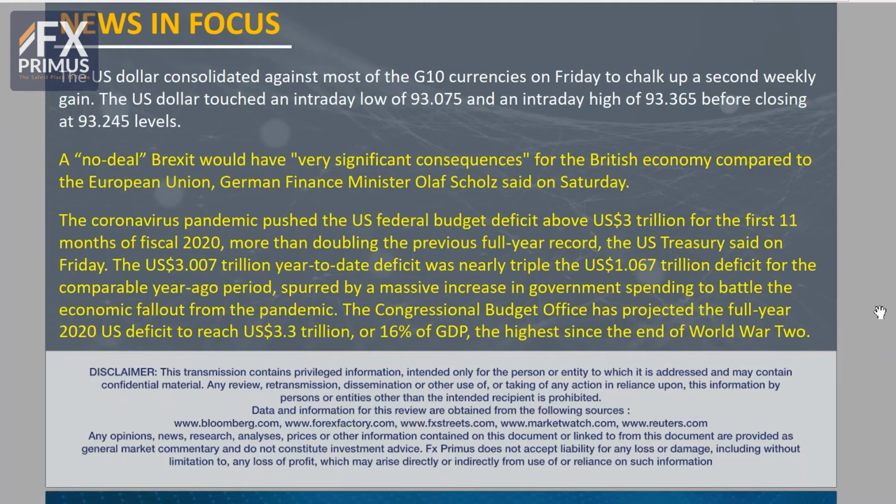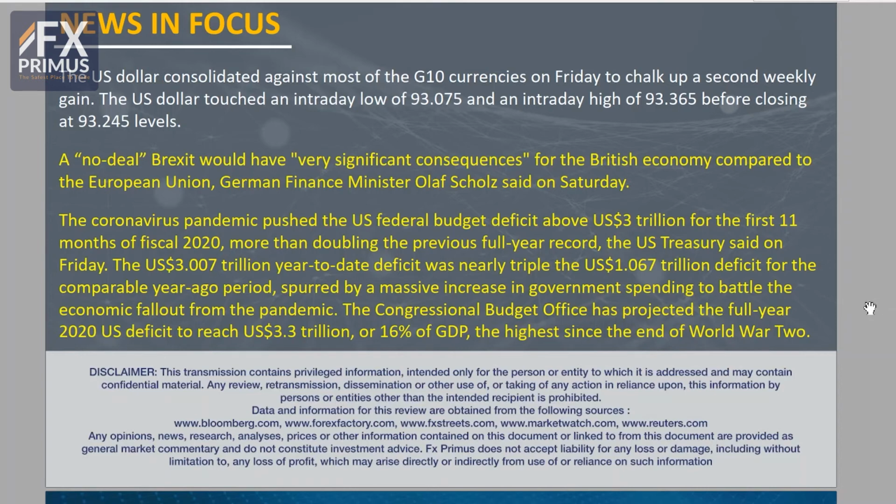So the implications would be that with such a high budget deficit, most people will tend not to hold the US dollar in fear that, number one, the US may not be able to repay the interest or the yields on the financial products that they have issued to investors.